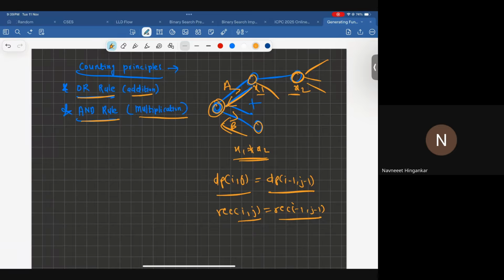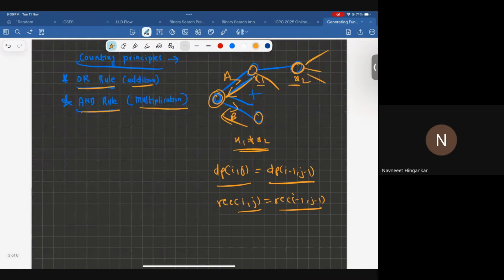So let's say person A can spend at most 3 units, or just call it unit. What does it mean? At most 3 units means he can spend 0, 1, 2, 3. So what we could do is write this state in terms of a polynomial.